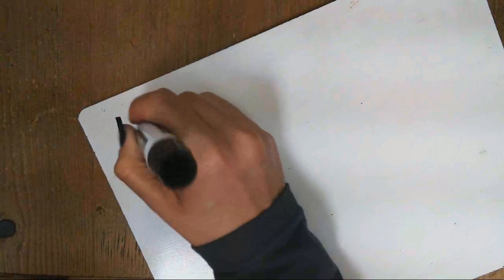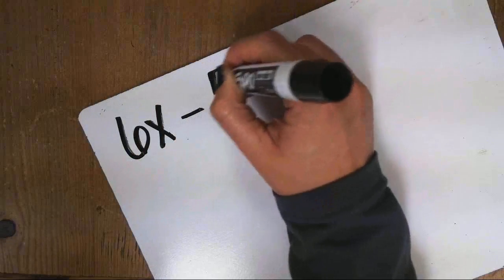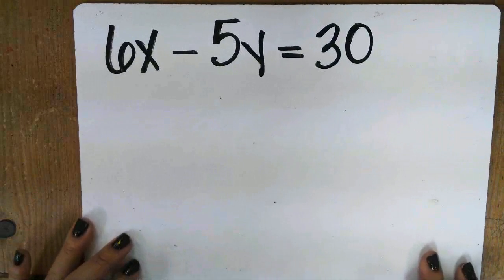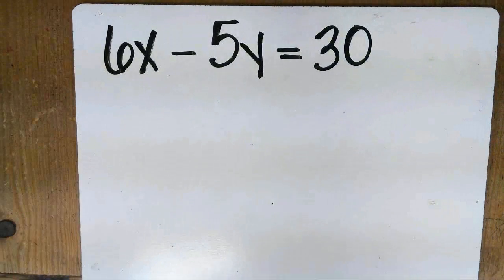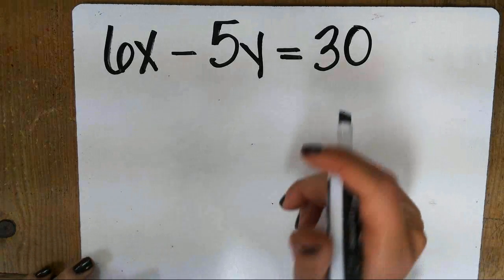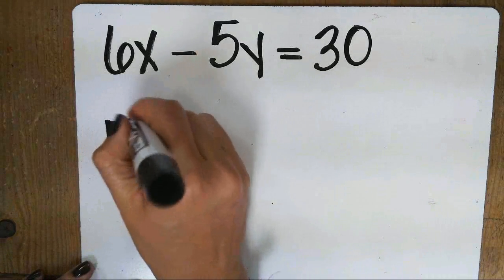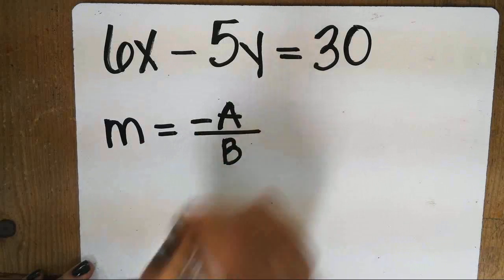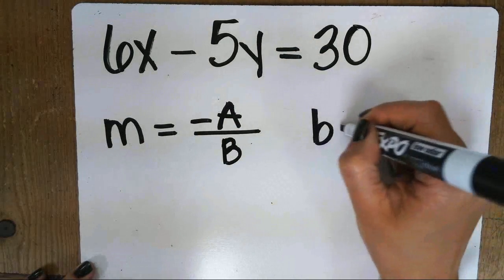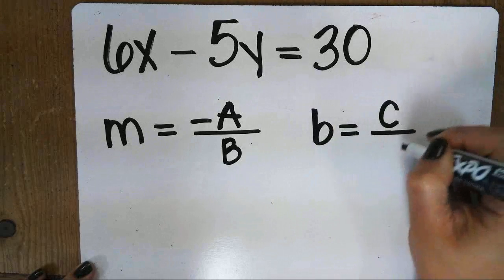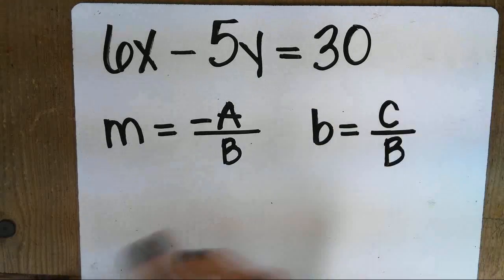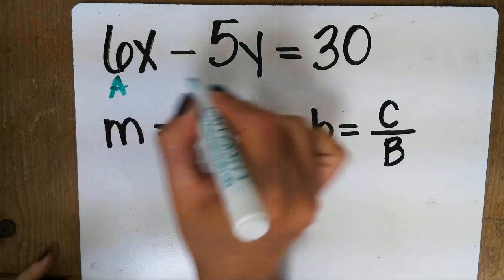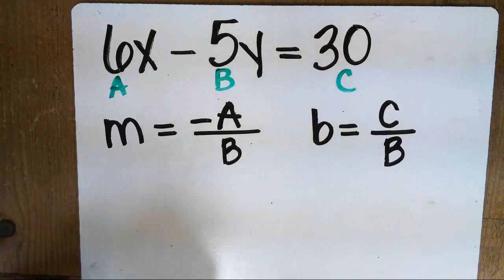If I give you that same exact equation of 6x minus 5y equals 30, okay, whenever an equation is written in standard form, to find your slope, you can do the opposite of A divided by B. And to find your intercept, it would be your C divided by B. Now, remember, this is A, this is B, and this is C.